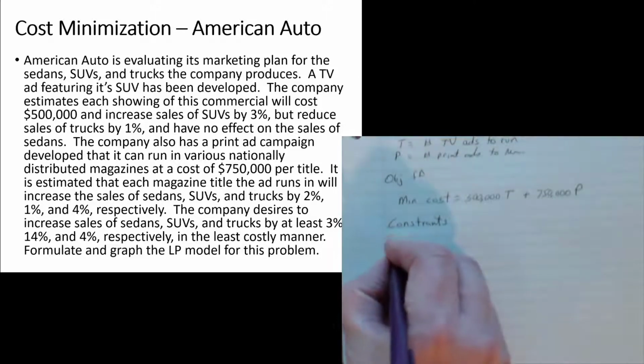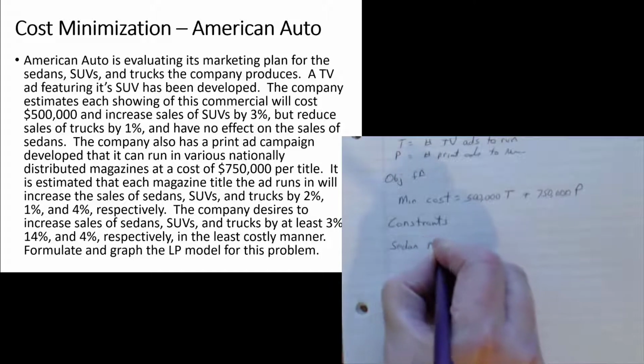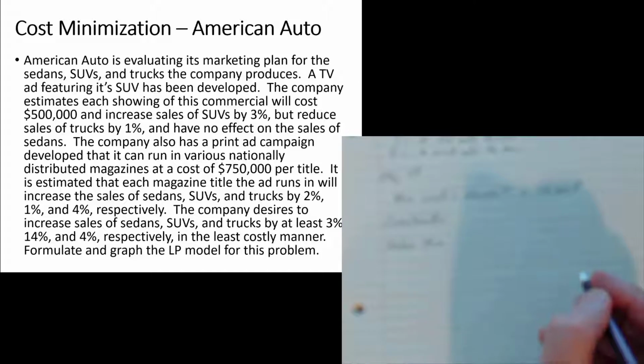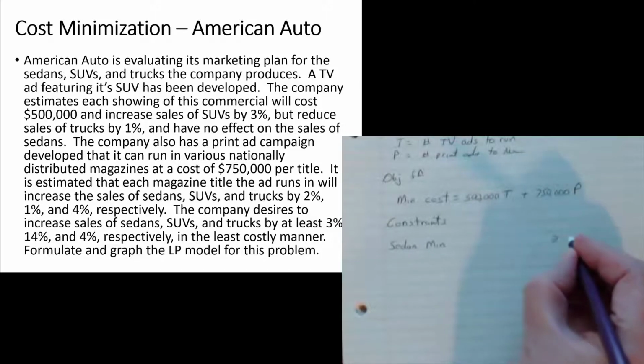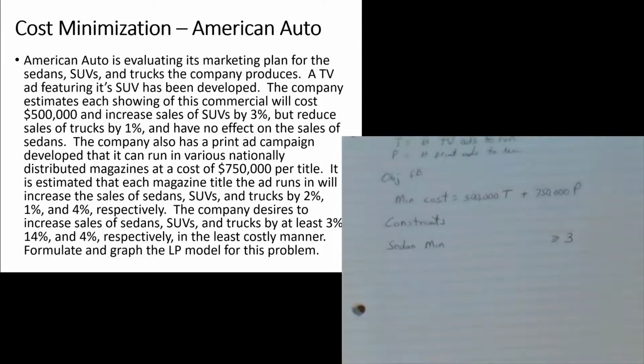So we have our sedan, and I'll just call it sedan minimum, right? And we want to increase that by at least 3%. So greater than or equal to 3. You don't have to necessarily express that as a percentage, 0.03 in that case, because percentage is the unit here.